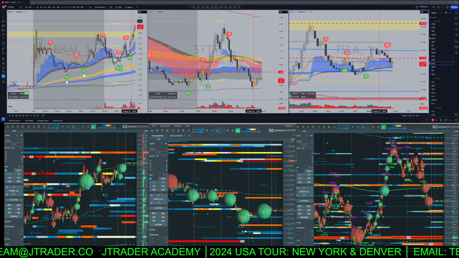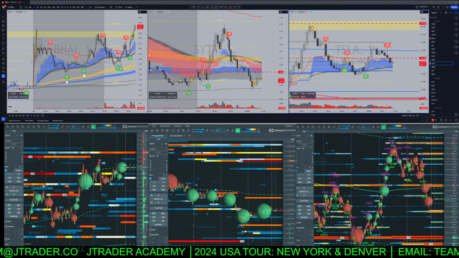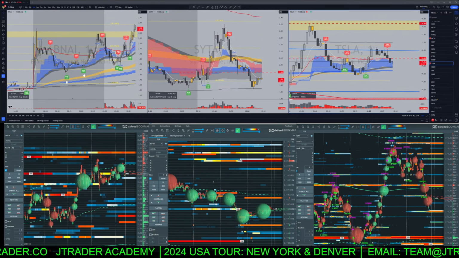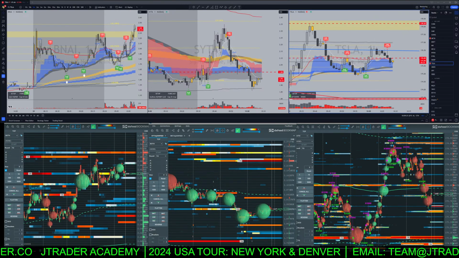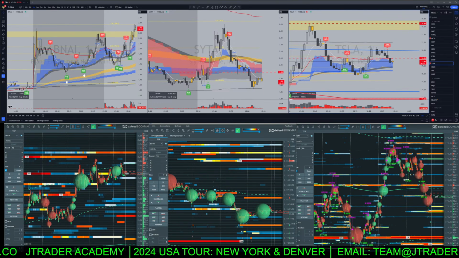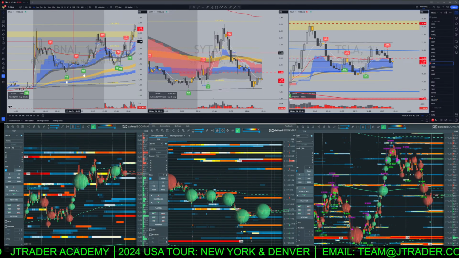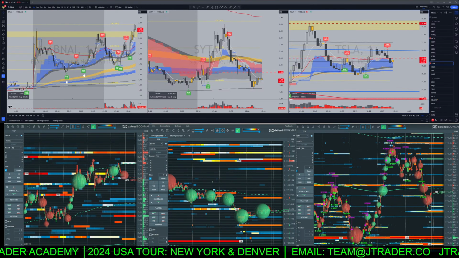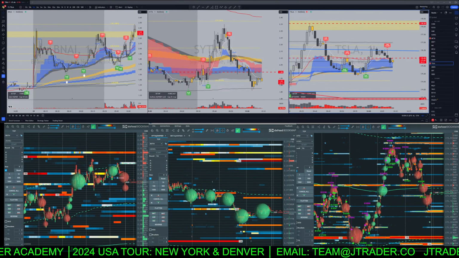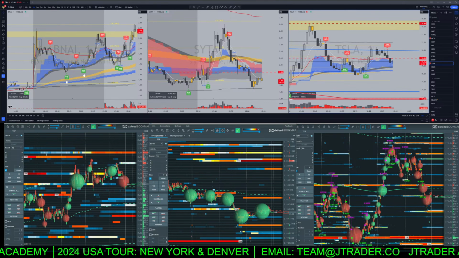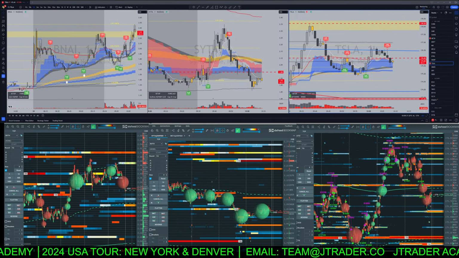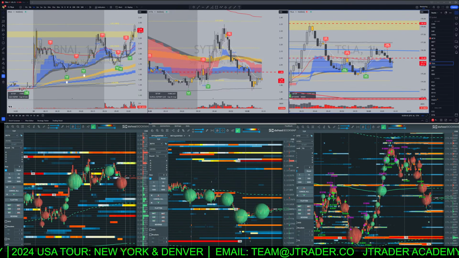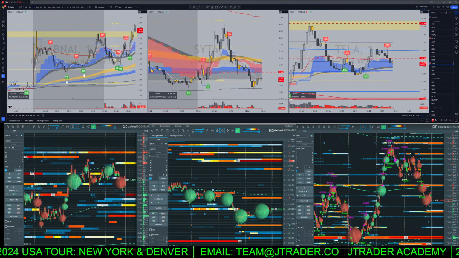A lot of refilling. You see a lot of refilling over here. Failed that pre-market high, but it's still not close. Not even 1 minute bar. They can still trap over here, so waiting.